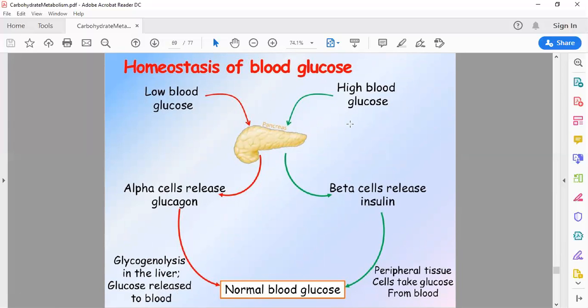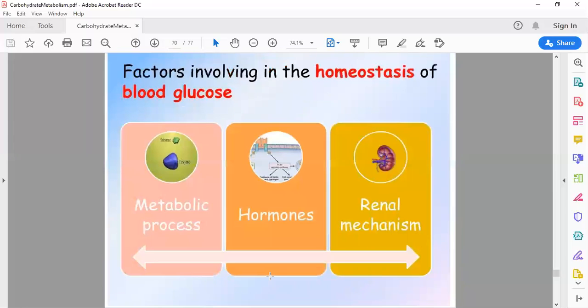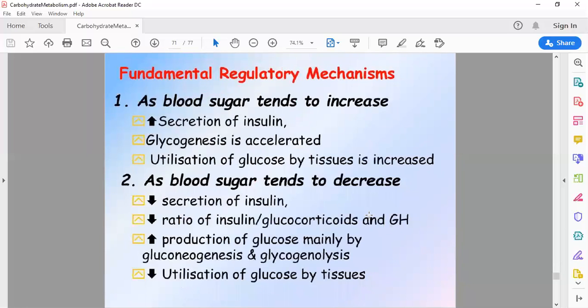If there is high blood glucose, the beta cells of the pancreas secrete insulin. Insulin helps the peripheral tissue cells take up glucose from the blood, bringing it to the normal level. So metabolic processes, hormones and renal mechanisms are involved in maintaining the normal blood glucose level.